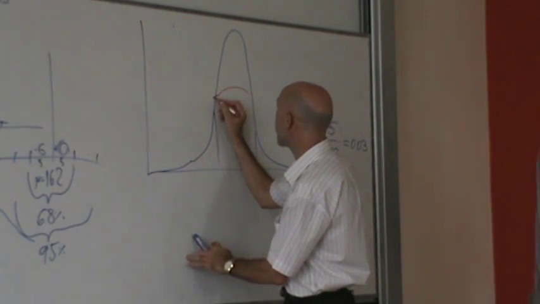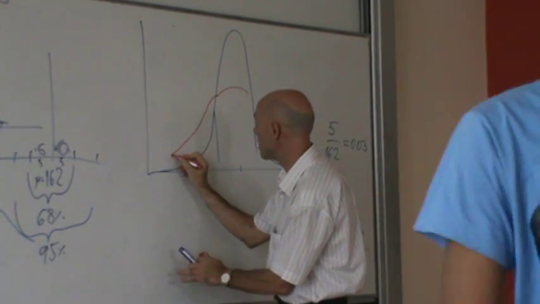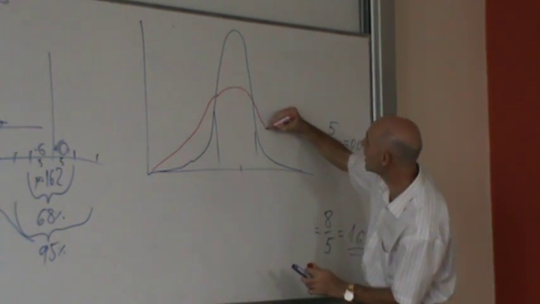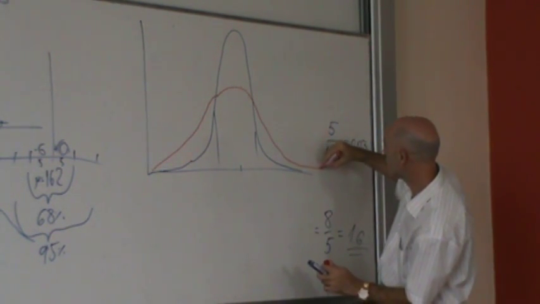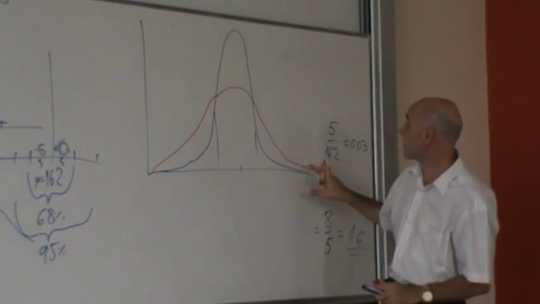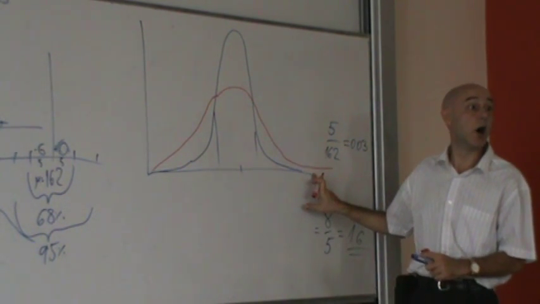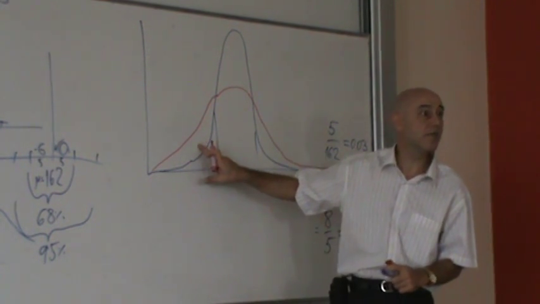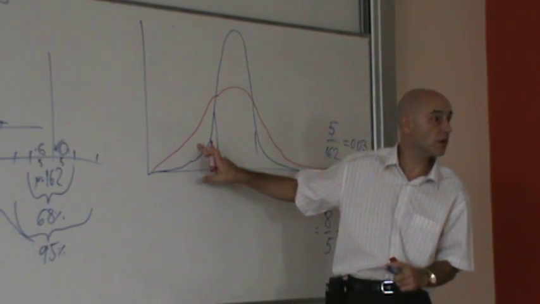So you will get a lot of people here moving, and some will have become rich. So the rich have gotten a whole lot richer. The poor have gotten a whole lot poorer.